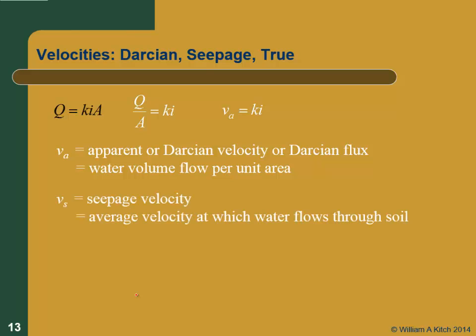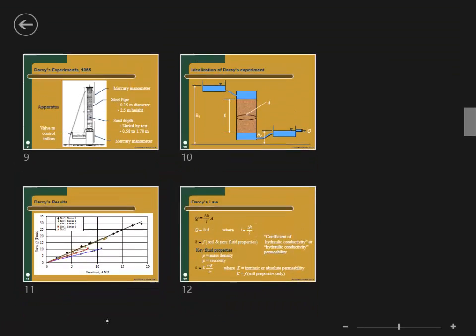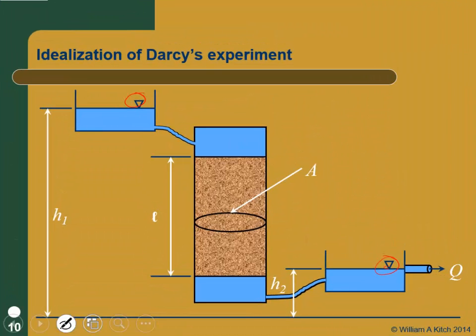So we have something else called the seepage velocity. Let me go back to my Darcy's picture here because it's a little easier to show. So the Darcian flux is, if I take Q and divide it by the area, that's the amount of water that passes through the permeameter for any given time. Now, water is not flowing through this entire area.